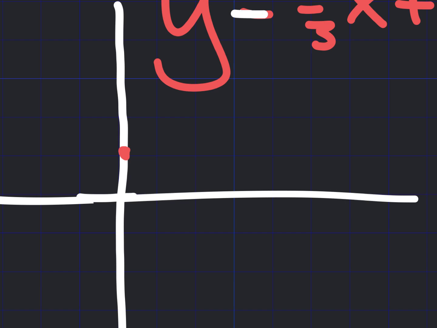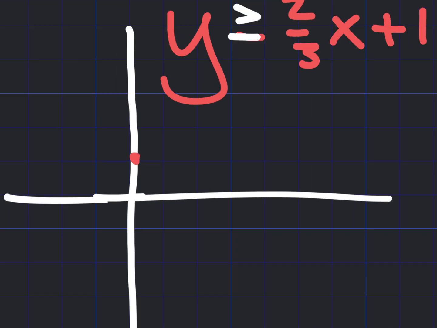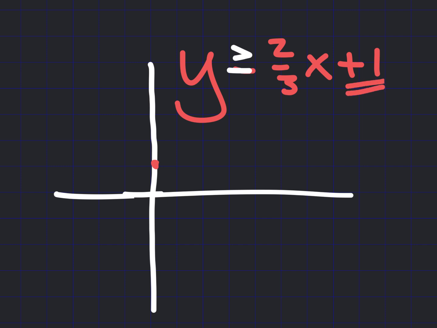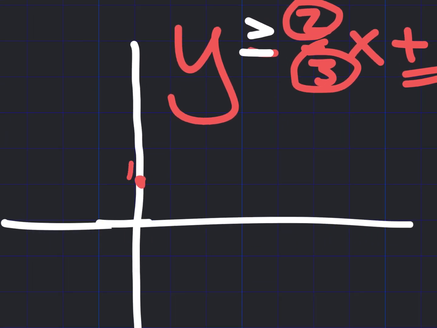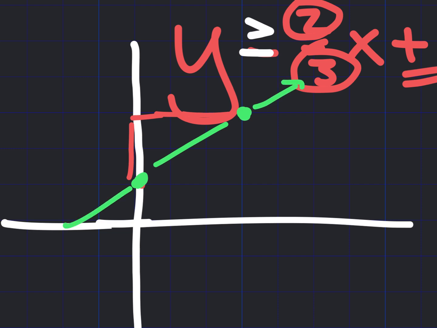Awesome. They're very light, but that's where I would start because it says 1 is the y-intercept. Then I'm going to rise 2, run 3, rise 2, run 3, and my new dot will be right there. My first dot was there. My second dot, rose 2, ran 3. I draw a line like this.